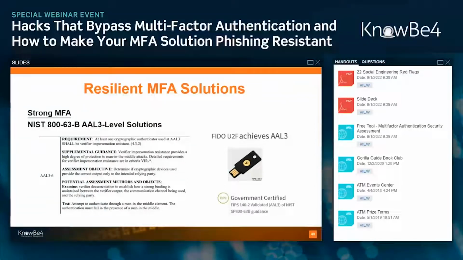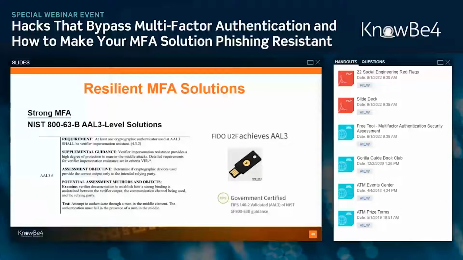You'll see Yubico here says that it's FIPS 140-2 validated, AAL3 of the NIST SP 800-63. That's what you want to see. I've got to tell you, when I was researching what other authentication solutions had AAL3, I was surprised by how many vendors said they had it. And when I read the fine print, they didn't have it.